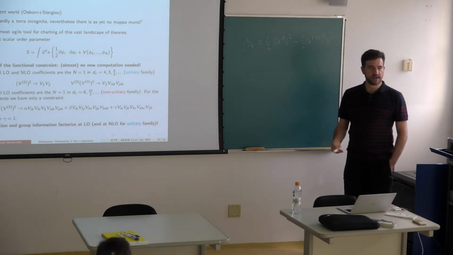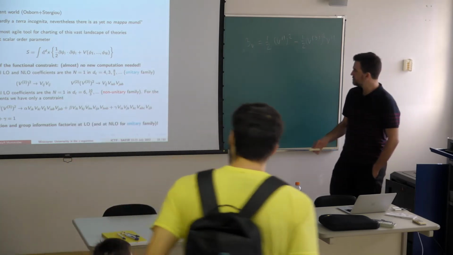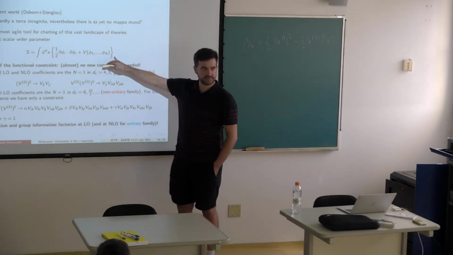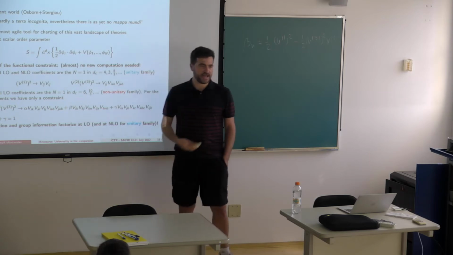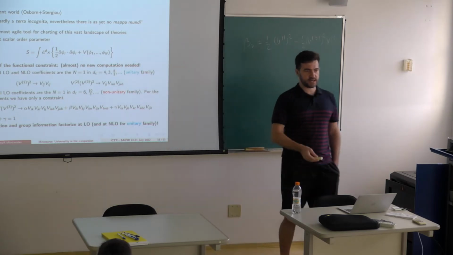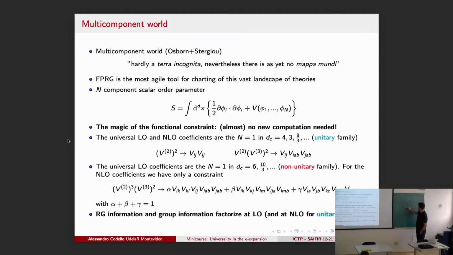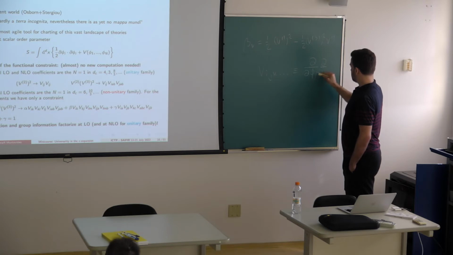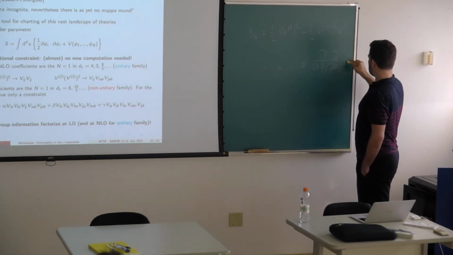If now I go to have something with multi-components, then my potential will be a function of all the components of the field, and the Hessian, the propagator, the vertices will be constructed using general vertices. Okay, where this means that we are taking derivatives with respect to phi i, phi j, and so on of the potential.